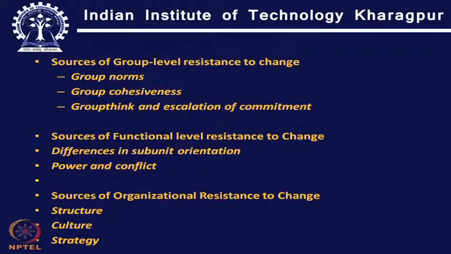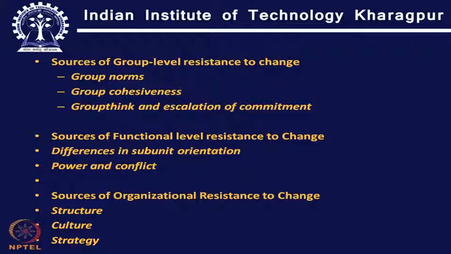Sources of group level resistance to change are group norms, cohesiveness, groupthink and escalation of commitment. These could be barriers to the introduction of new changes in the organization. Some group norms are so strict that they won't allow outside information to flow in and disturb the status quo of the group.